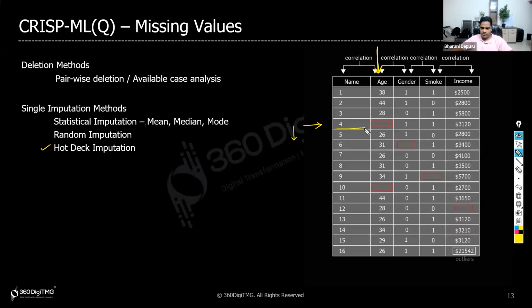So the same name, same gender, whether that person smokes or not should be the same, and the income should be the same. It will try to traverse in this direction.